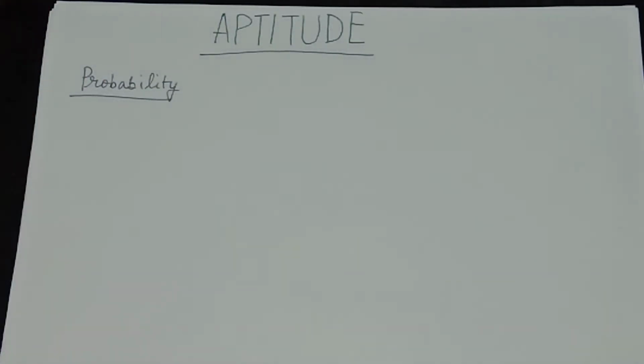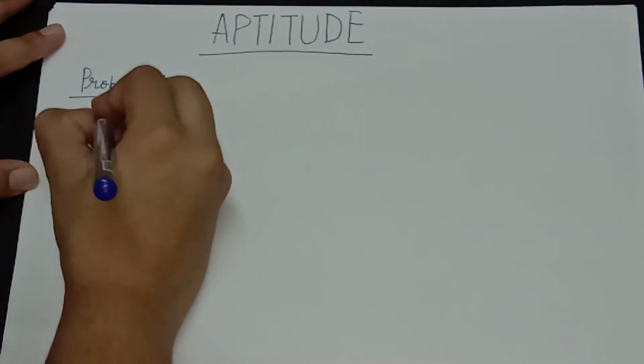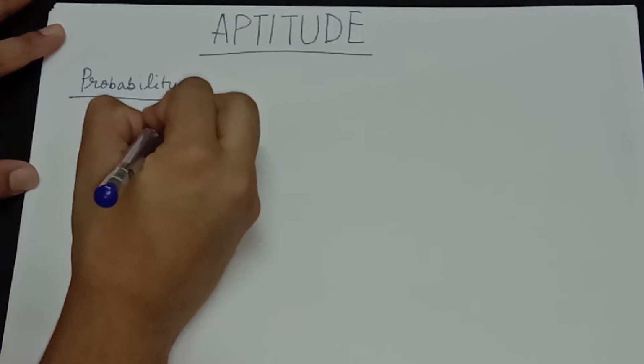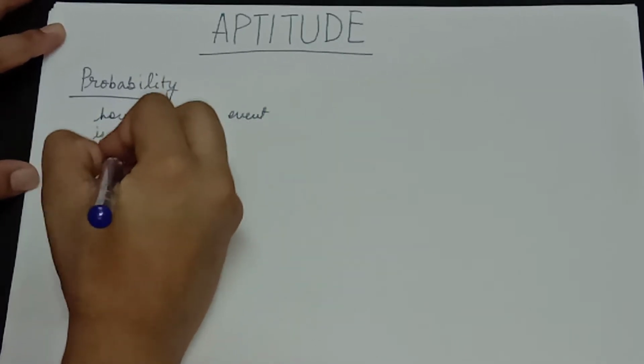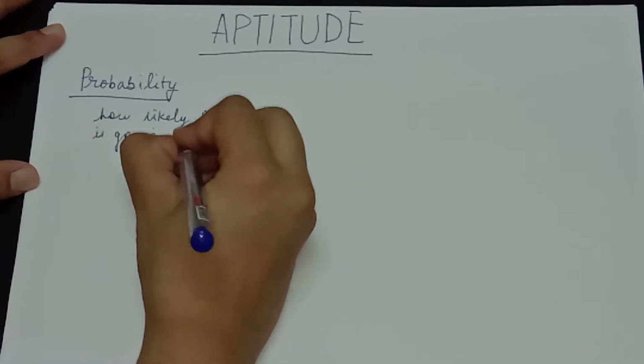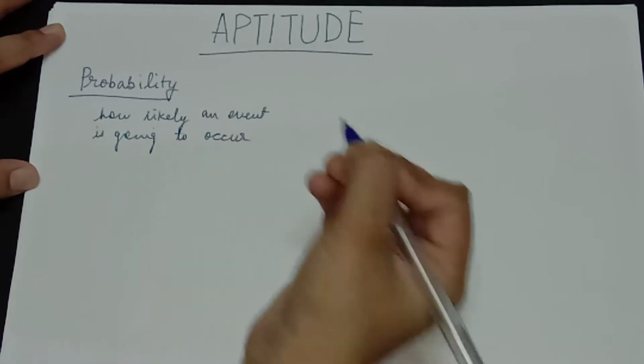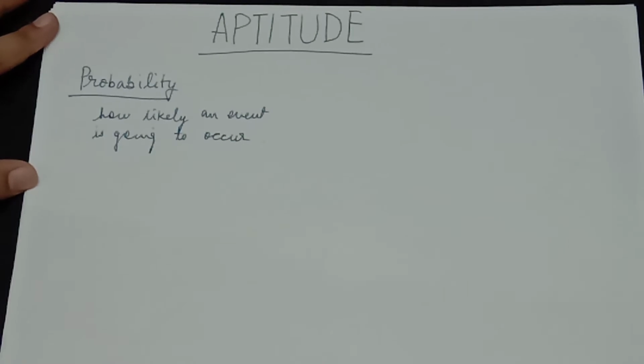So probability is our topic for the day. You all know what probability is. Like you have learned in your classes, it's usually how likely an event is going to occur. So this is what probability is basically, in general.